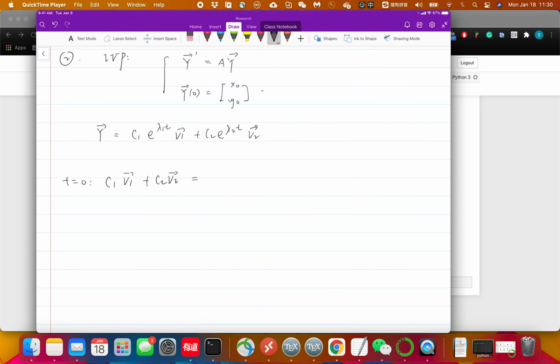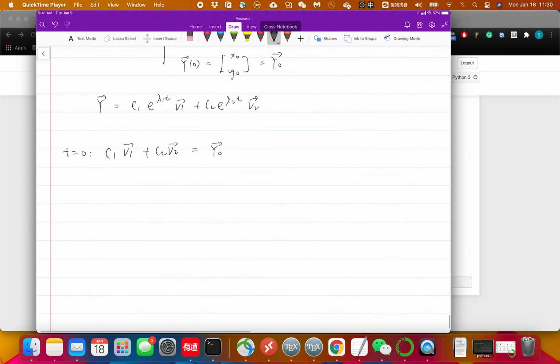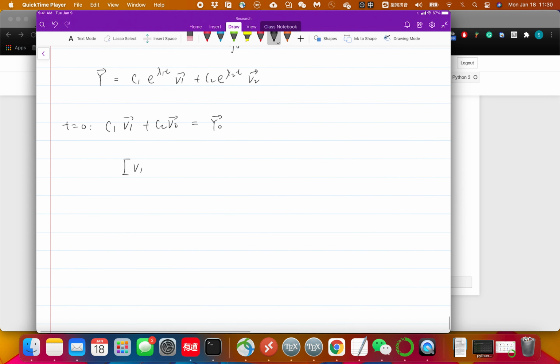So I'm just going to call this y0. Okay, which gives you the matrix with columns v1, v2 times c1, c2 equals y0.